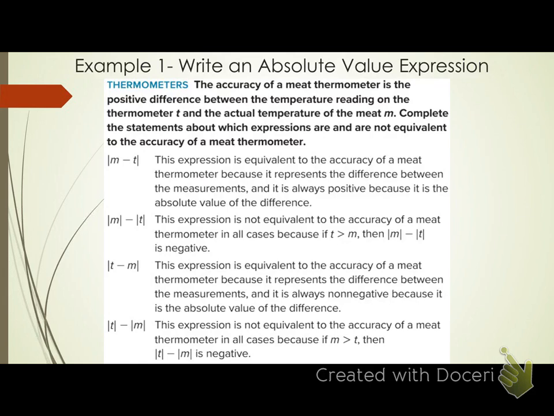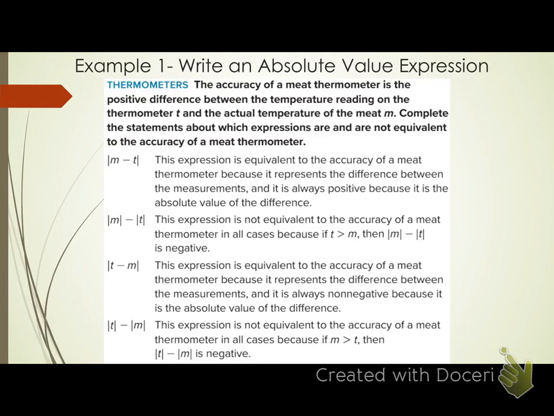Difference means subtraction. They're using T to represent the temperature reading on the monitor, and M to represent the actual temperature of the meat. So it wants the positive difference between the two temperatures. So I'm going to subtract those two numbers, correct? That would be either M minus T or T minus M.